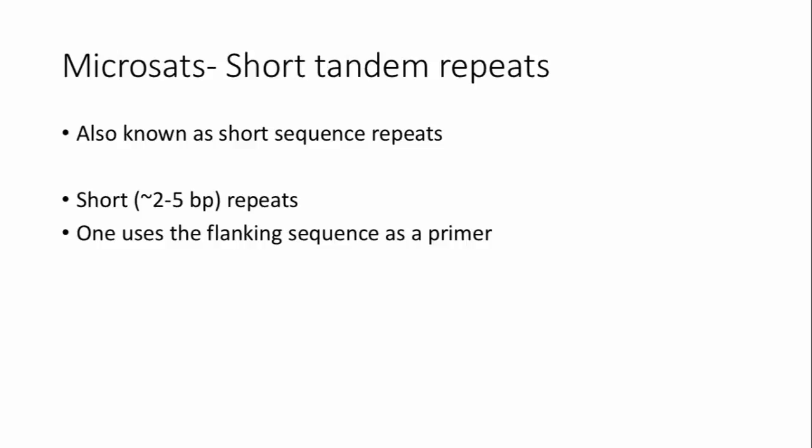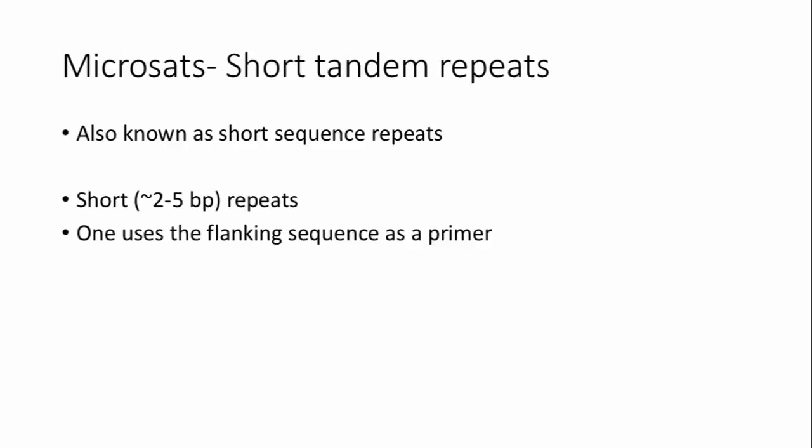So then if there's a flanking sequence and a couple hundred base pairs where individuals differ in whether they have 20, 22, or 25 repeats, then if you develop a primer to that flanking sequence, you can simply run in a gel based on size and tell how many repeats an individual has. And this has become one of the most popular kinds of markers, microsatellites or STRs.